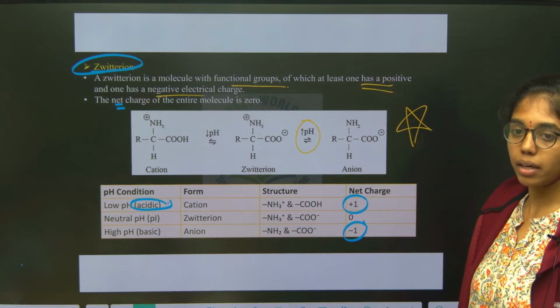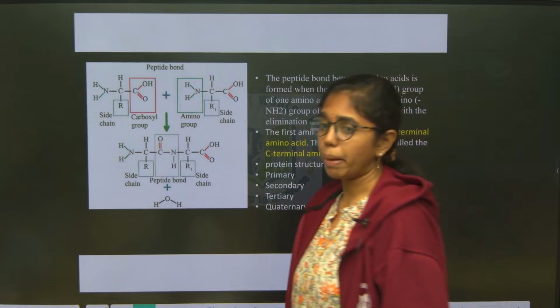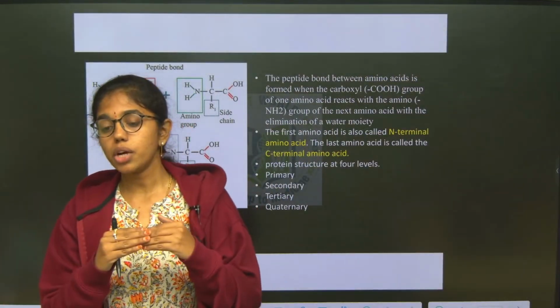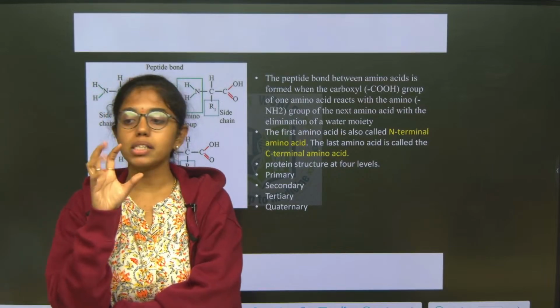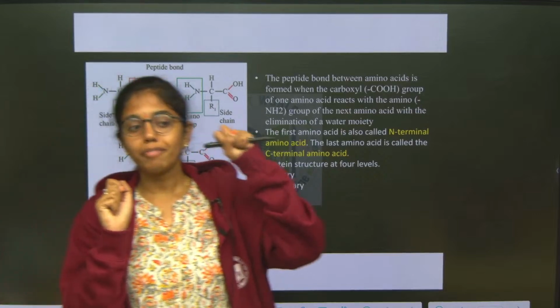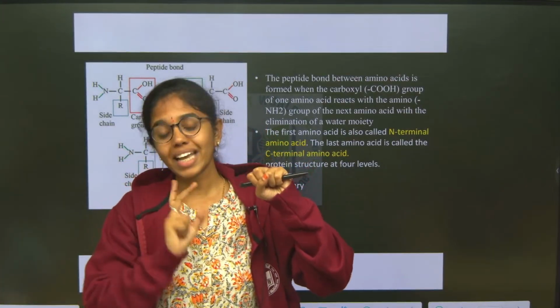Okay, done. Next. Here you see, this is about the peptide bond, how two amino acids are connected to each other. Just now we have learned that each amino acid has an amino group and a carboxyl group. The amino group of one amino acid is connected to the carboxyl group of the next amino acid.